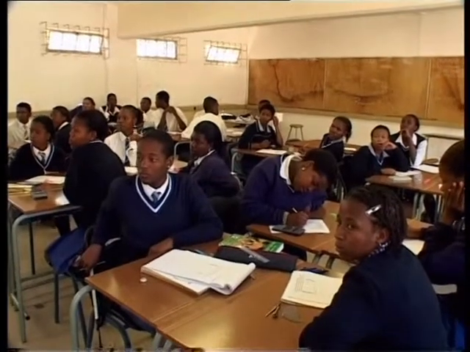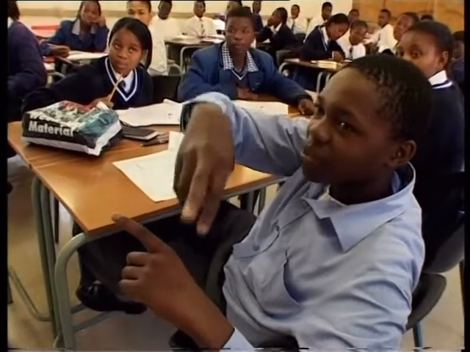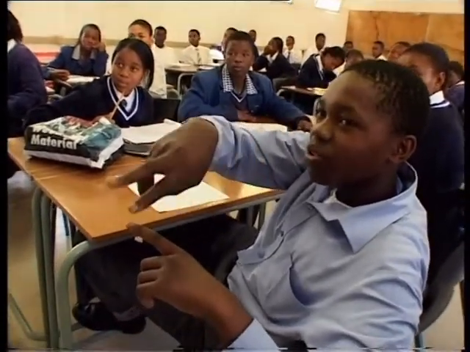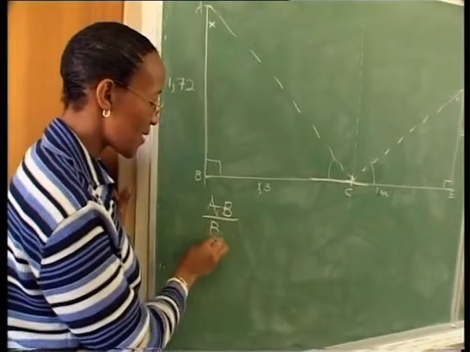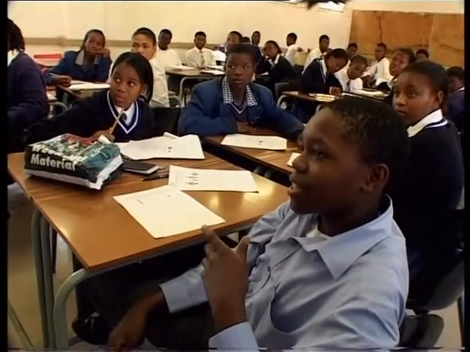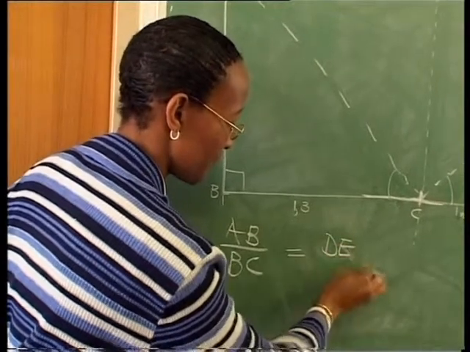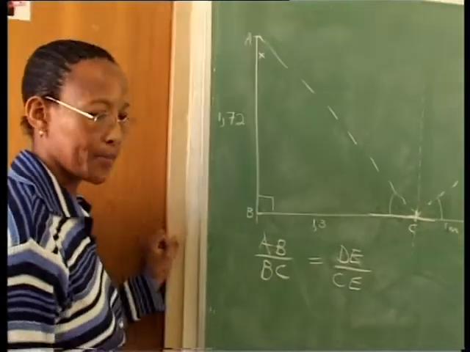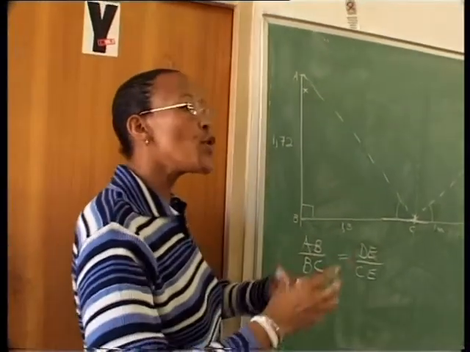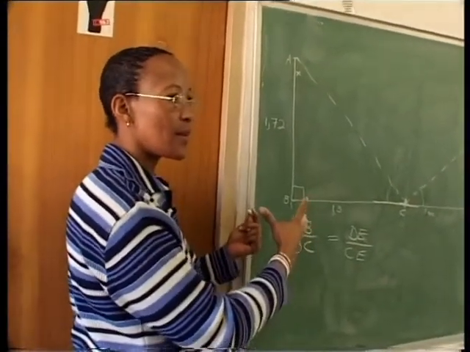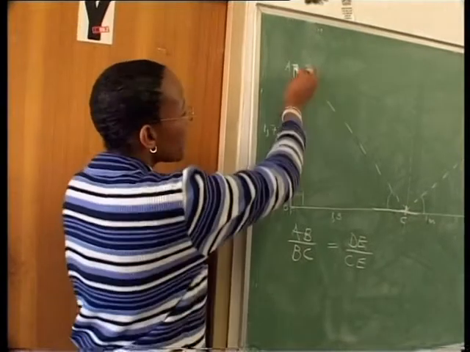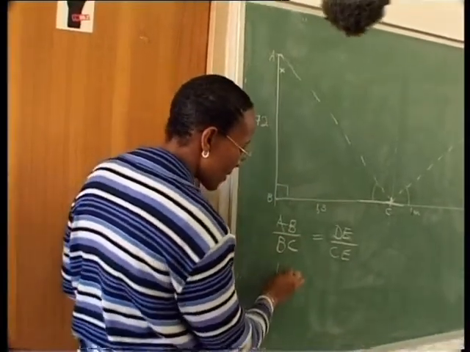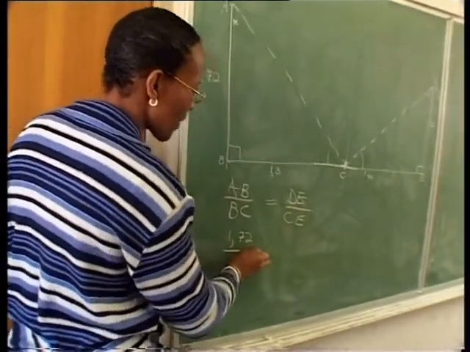How can we get the X? AB over BC is equal to DE over CE. So we can use the numbers we have. AB is 1,72.